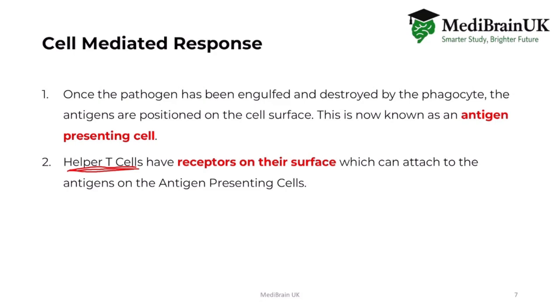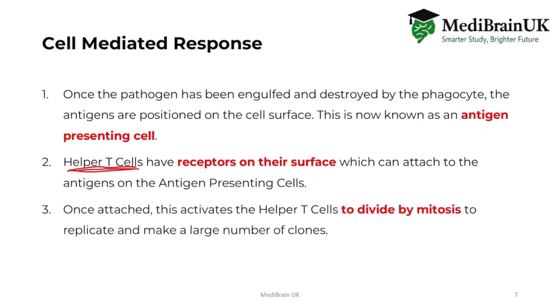The antigen presenting cell, the phagocyte, has antigens on its surface. Because the helper T cells have receptors, they're going to bind to the antigens that are present on the phagocyte, on any antigen presenting cell. So stage 2 is where your helper T cells come around.